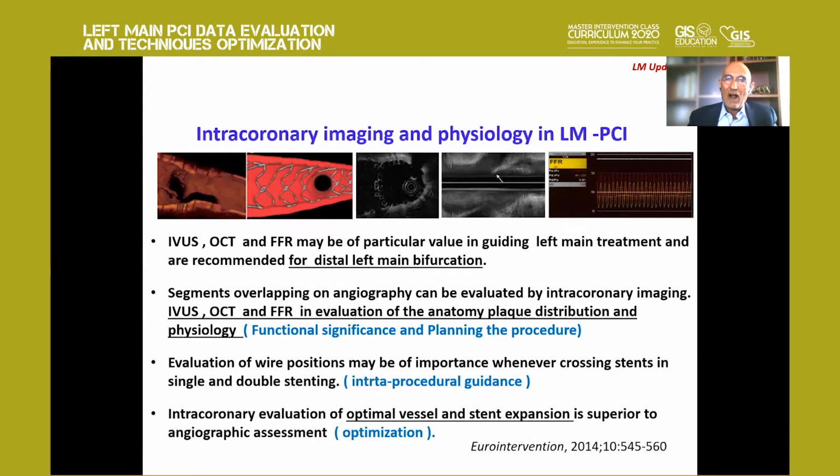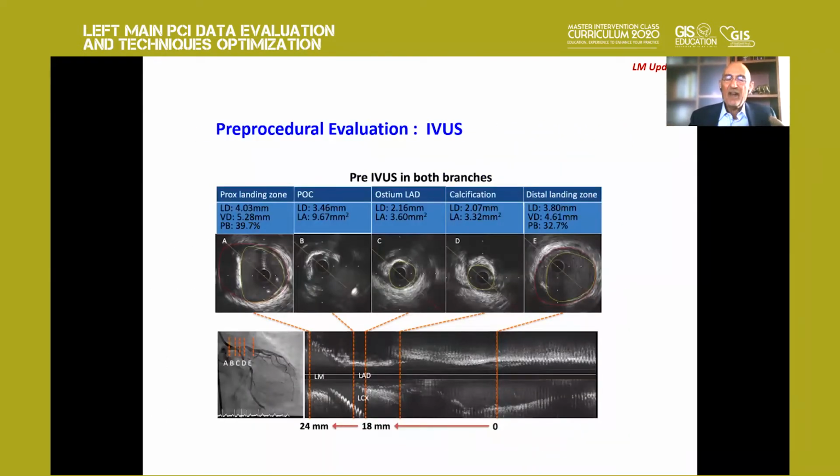That means to have the optimal result at the end of our procedure. And this will guarantee, as we'll see later, better outcome in terms of less mortality, less stent thrombosis, less infarction, less target lesion revascularization. So it is very important.